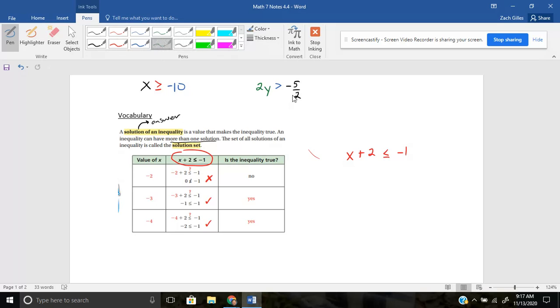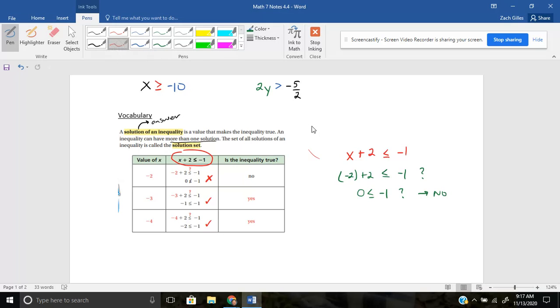So what we do is we substitute in our value of x, negative 2, plus 2, and we're going to see, does that make this inequality true? Well, negative 2 plus 2 is 0. Is 0 less than or equal to negative 1? And the answer is no. Pac-Man should eat the 0 because 0 is bigger than a negative number.